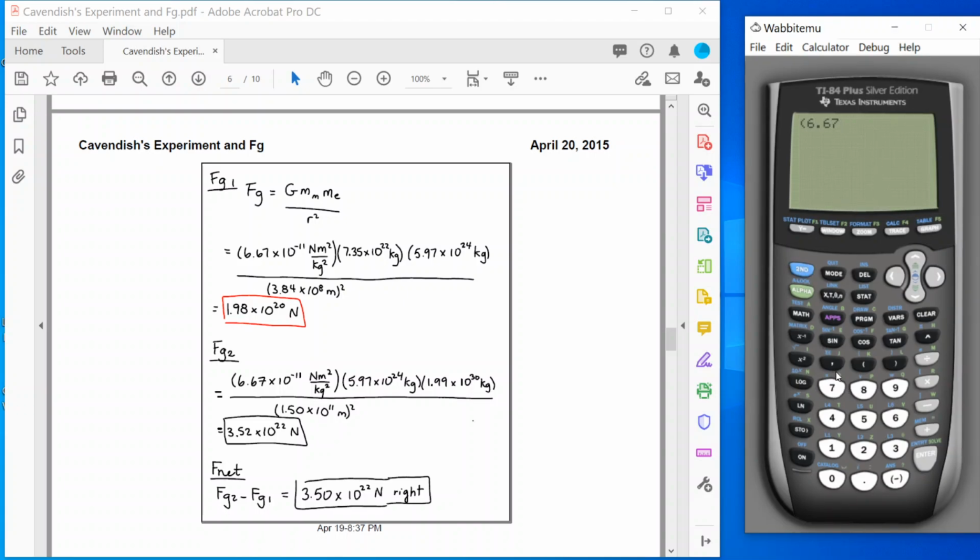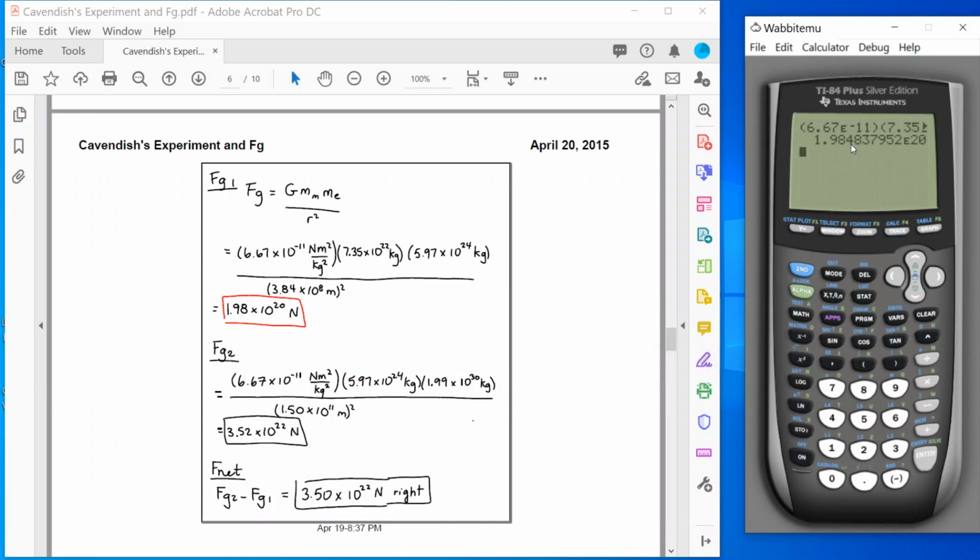So 6.67 times 10 to the power of negative 11 times 7.35 times 10 to the power of 22 times 5.97 times 10 to the power of 24 over 3.84 times 10 to the power of 8, and we have to square that one.